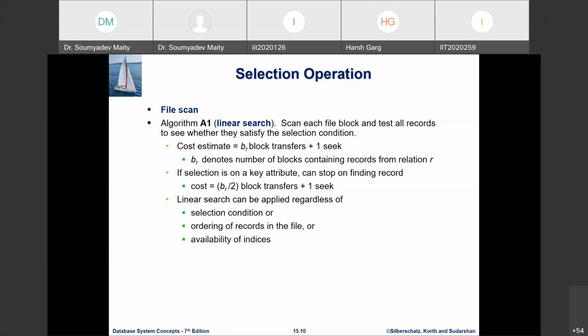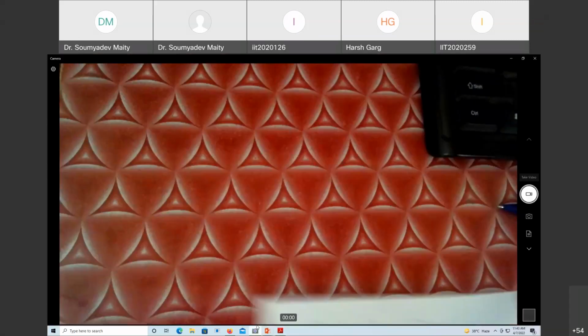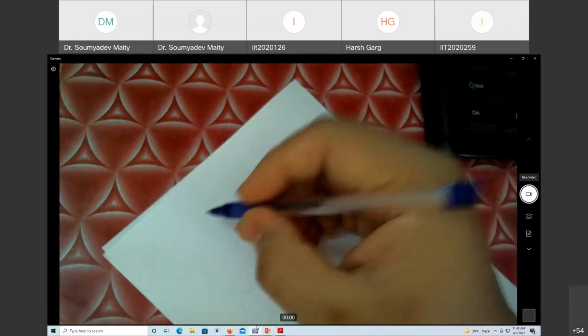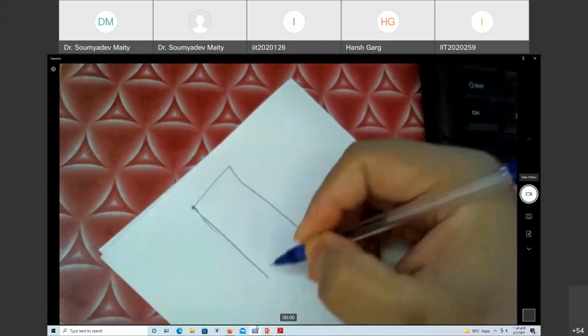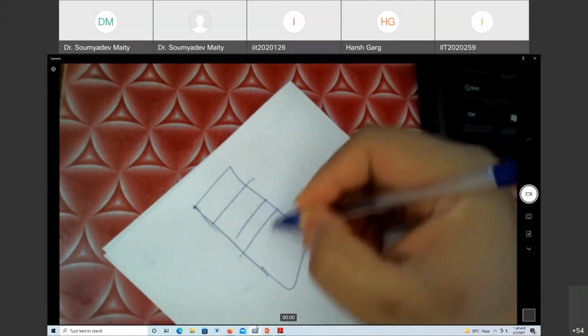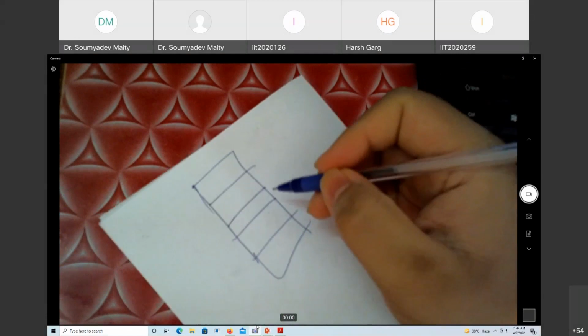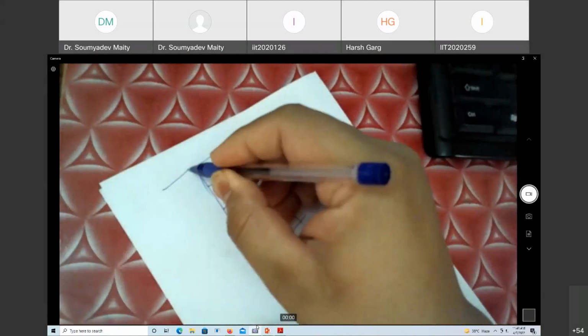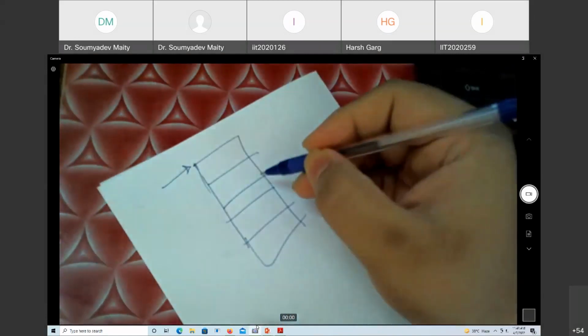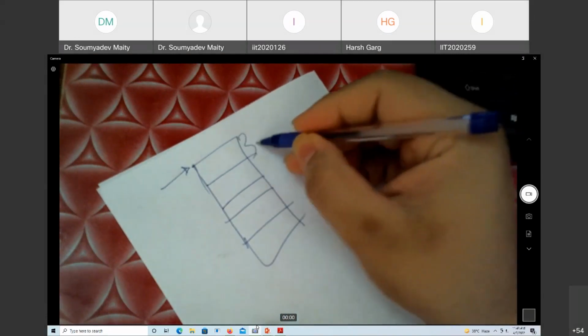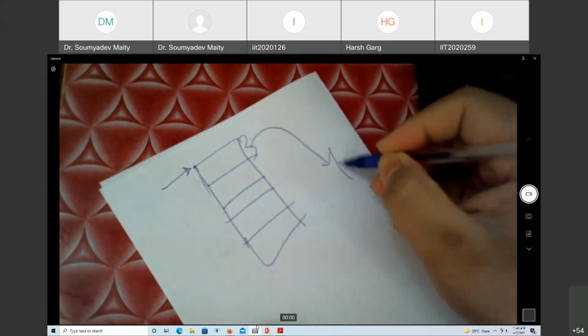But remember one point here. Suppose this is the file or the relation, containing blocks of the relation. Now you have moved the arm head here and then you read the first block to the RAM.